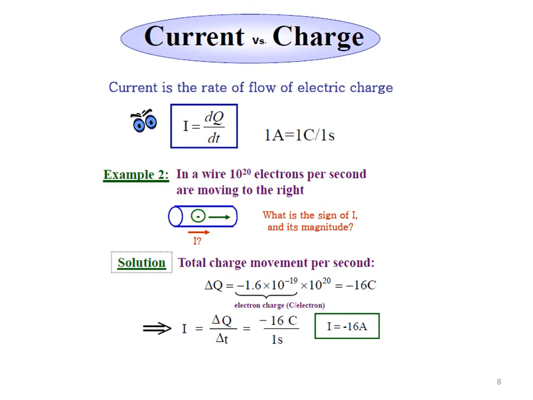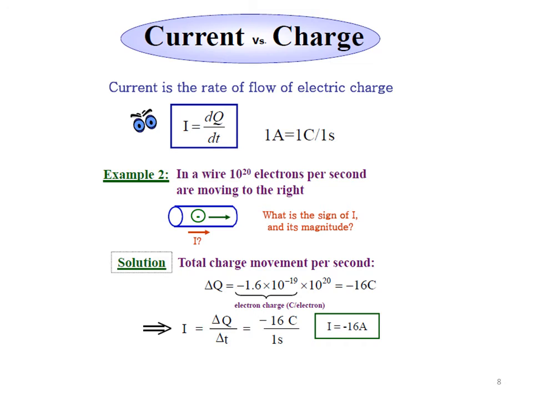We have a total charge movement per second of delta Q equals minus 1.6 times 10 power minus 19 times 10 power 20, because we have 10 power 20 electrons, and the charge of 1 electron is minus 1.6 times 10 power minus 19.